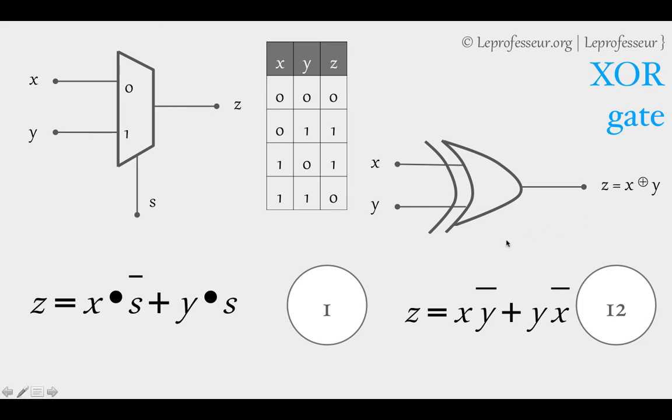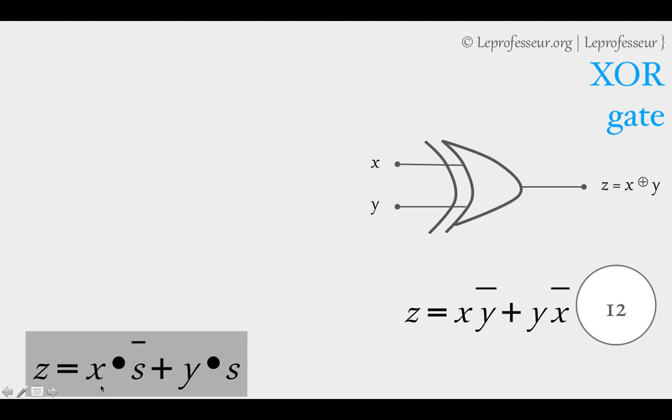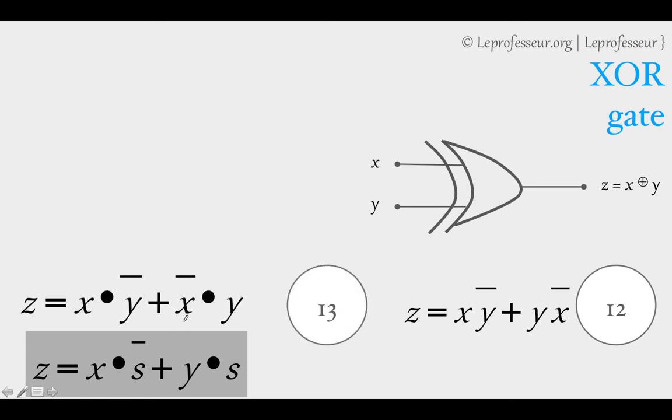Again, now we have to design this XOR gate using a 2:1 multiplexer. So we have here the multiplexer's equation, and here the XOR gate's equation. Now try to find the similarity here. We already have this multiplexer's equation, and we are trying to find the answer.